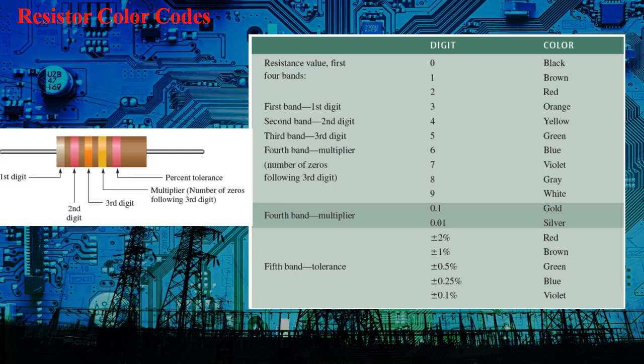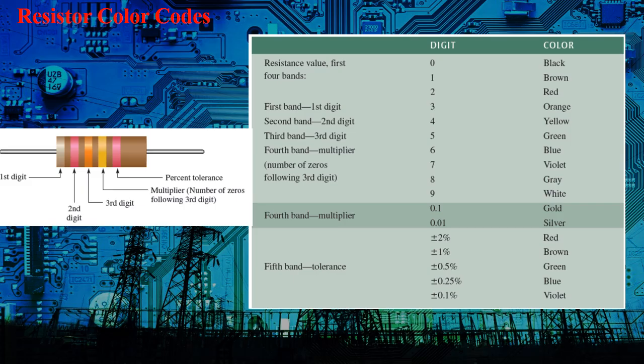The second digit is red, so it's 2. So 8, 2. The third digit is orange, that's 3, so 8, 2, 3. And the fourth band is the multiplier, which is yellow. Yellow is 4, so 8, 2, 3 times 10 raised to 4.